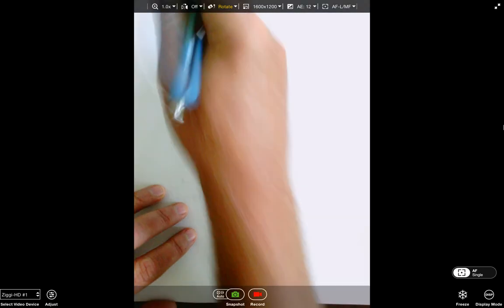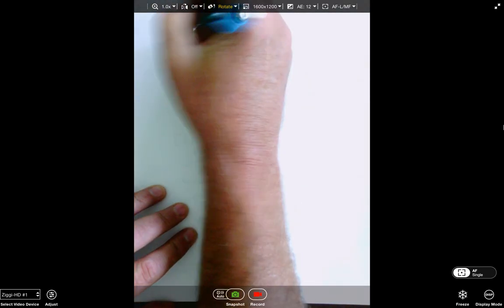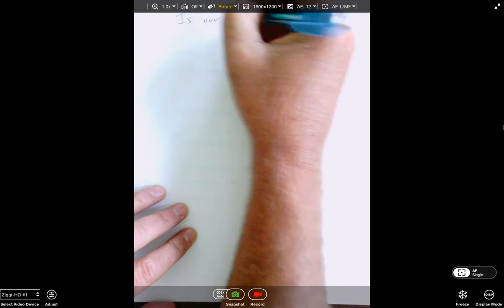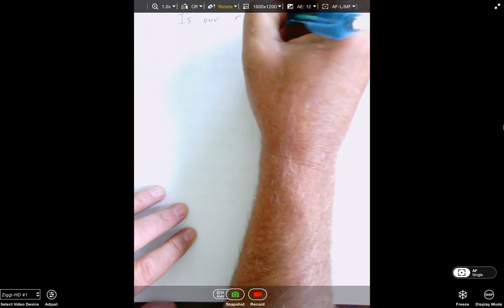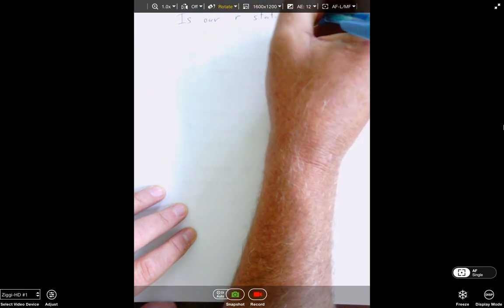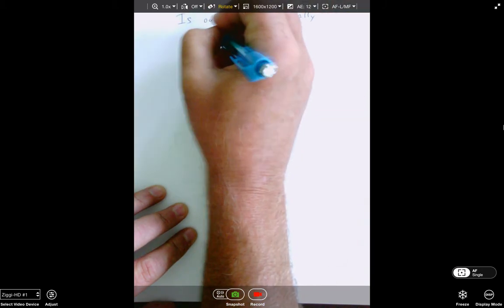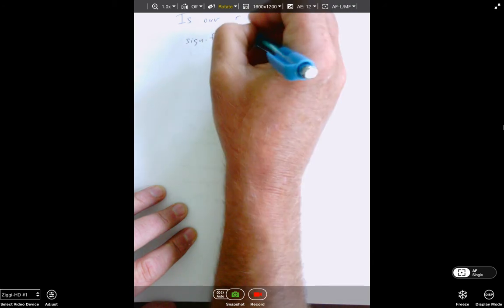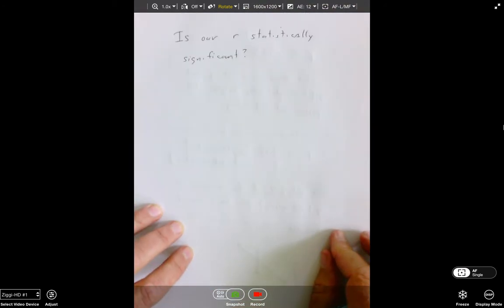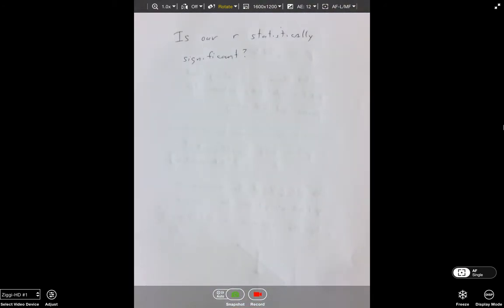All right, the final thing we want to know is, is our R statistically significant? Is it meaningful? Can we generalize from this sample to a larger population?